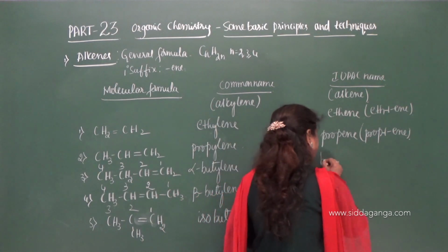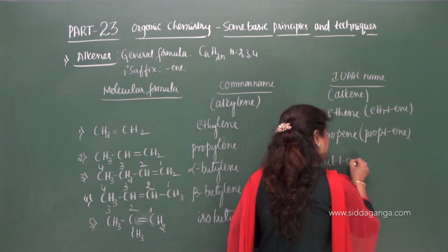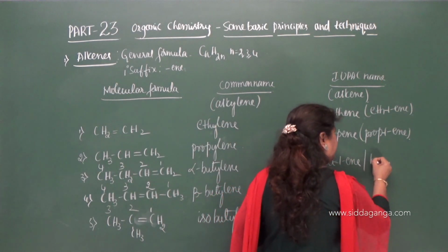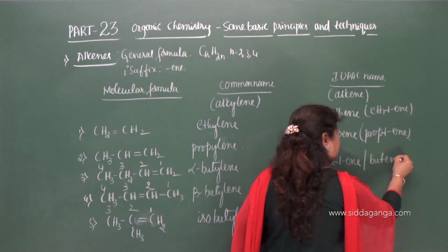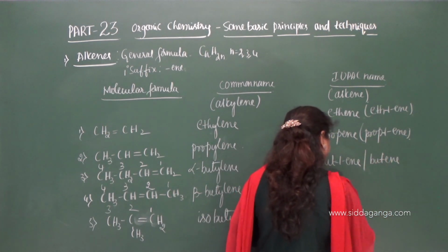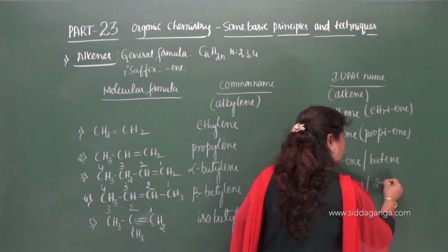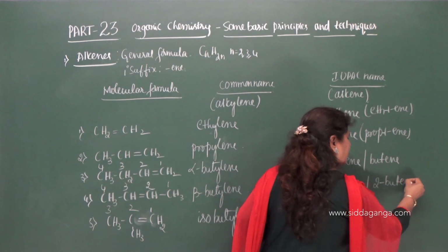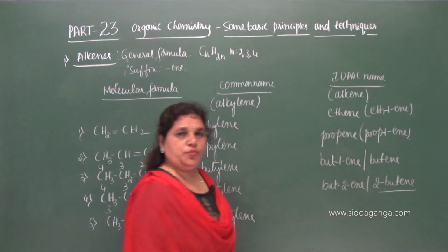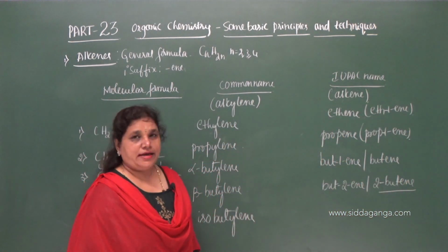So, but-1-ene or butene, and it is but-2-ene or 2-butene. Why have I written it as 2-butene? As there is no secondary suffix.